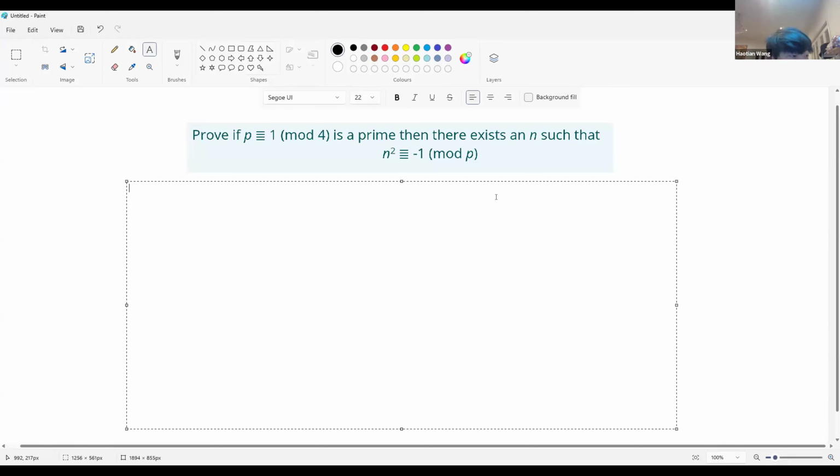For example, some numbers do not have generators. If we consider mod 6, then first let's try 1. 1 to the 1 is 1, 1 to the 2 is 1, 1 to the 3 is 1, and so on. So that obviously does not work.